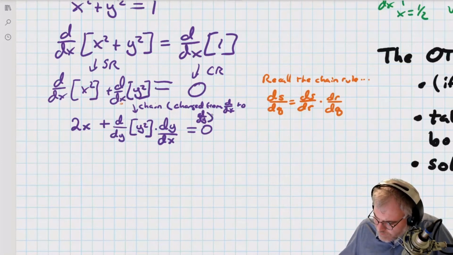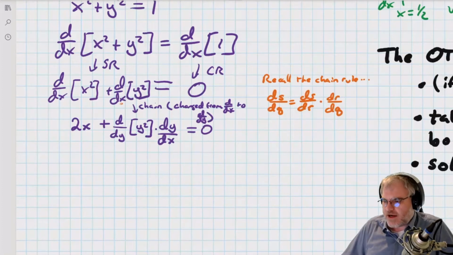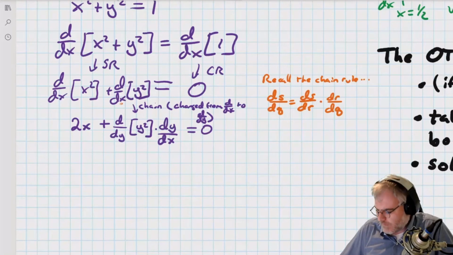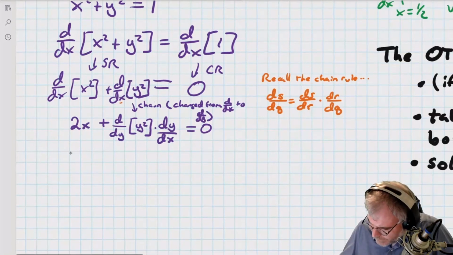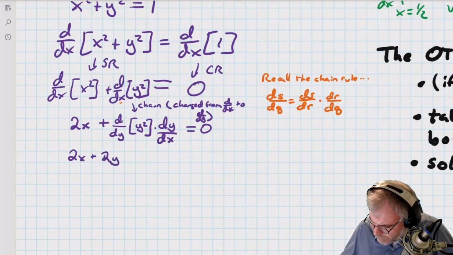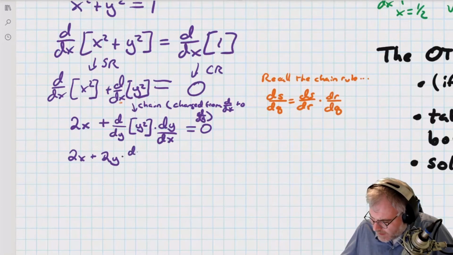So I change from d over dx to d over dy. And when I do that, that's the thing that generates the dy over dx. So now I wind up with 2x plus 2y, because the derivative with respect to y of y squared is just 2y, times dy over dx equals 0.